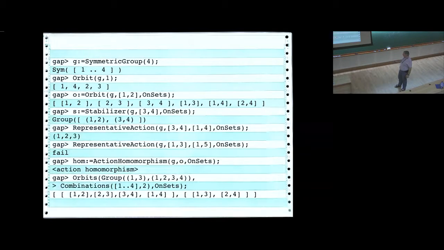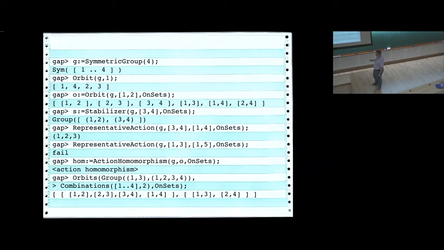And there is orbits. We would give a group here. In this case, I've taken the dihedral group of order 8 just to have something more interesting happening. Combinations, I mentioned this routine already yesterday in the practical session. Combinations is just the set of all possible 2-element subsets with points from 1 to 4.